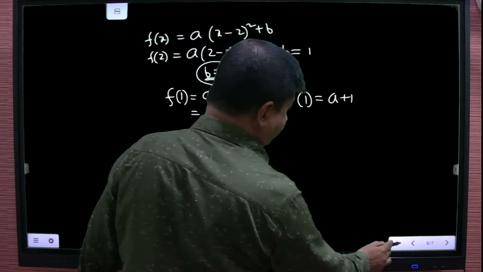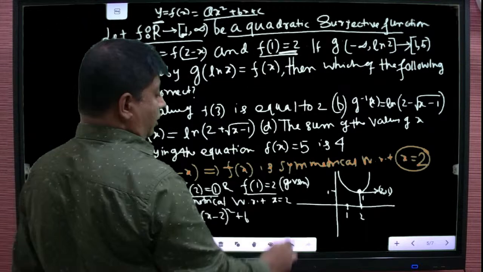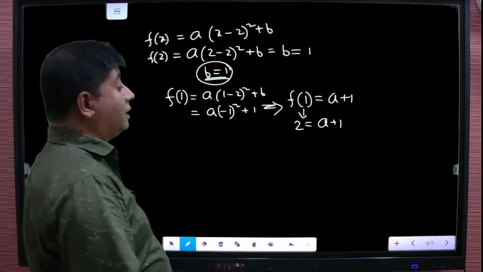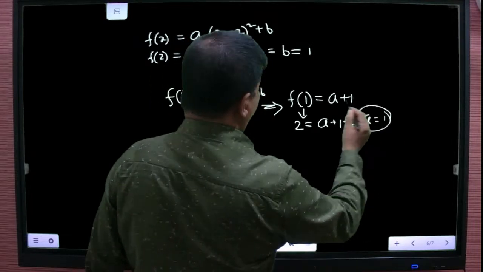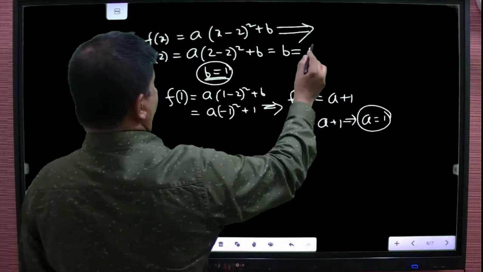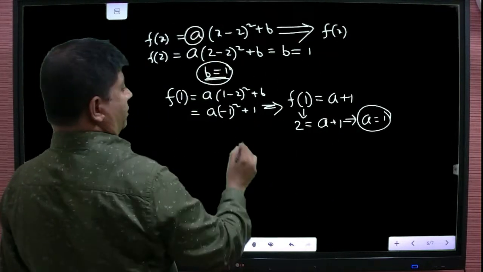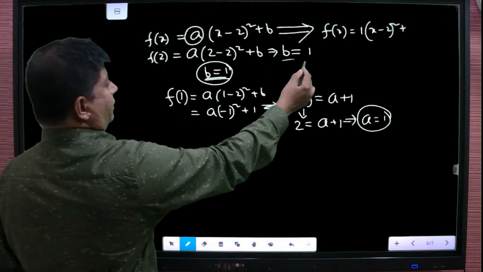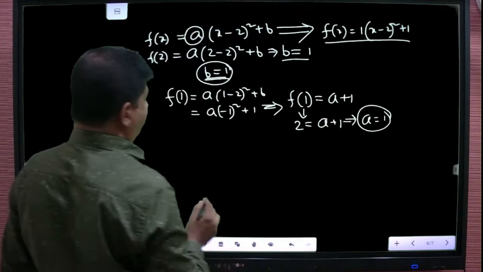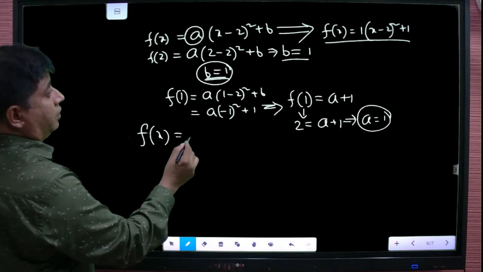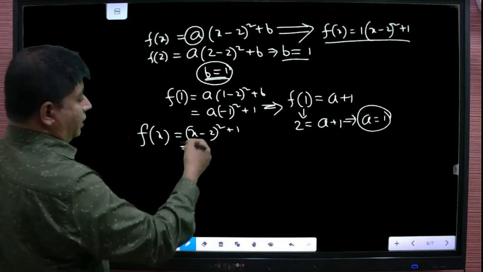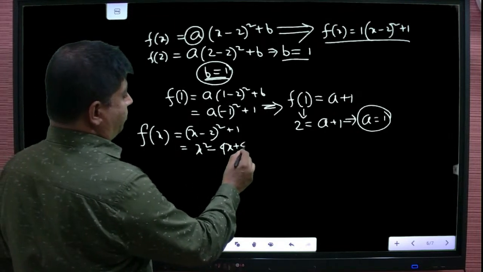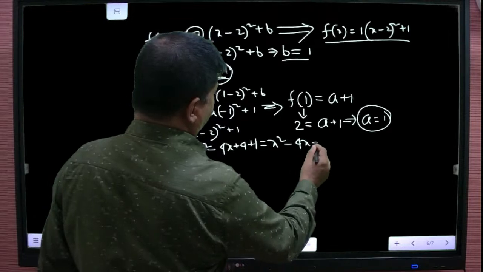In the question, f(1) is given as 2, so instead of f(1) you put 2, and a comes out to be 1. So f(x) is simplified: a is 1, x minus 2 whole square, b is already 1, so f(x) is equal to (x minus 2) whole square plus 1. Now open with (a minus b) whole square: x square minus 4x plus 4 plus 1, x square minus 4x plus 5.